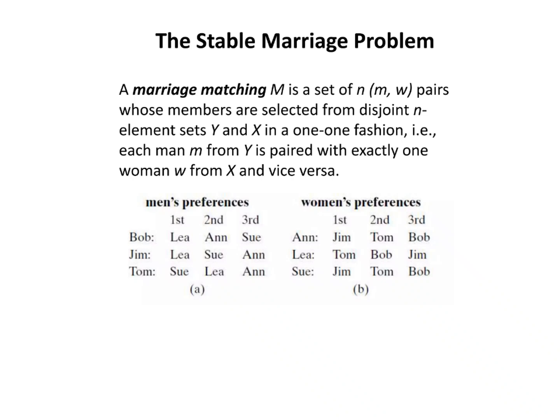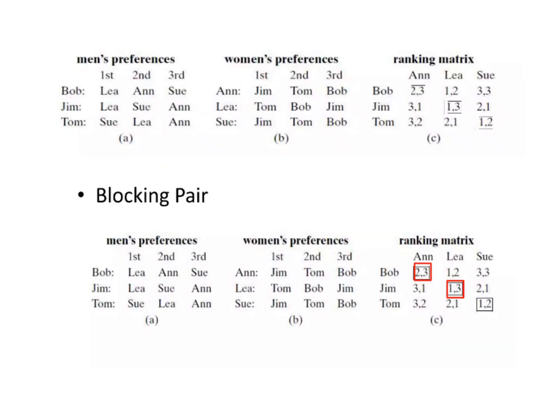So from the preferences, we are going to construct a ranking matrix. See here, we have Bob, Jim and Tom along the rows and Anne, Lea and Sue along the columns. First we find the ranking for Anne. For Bob, Anne is the second preference, so 2 has been specified.